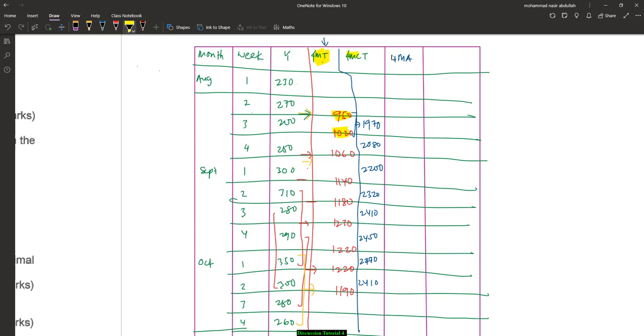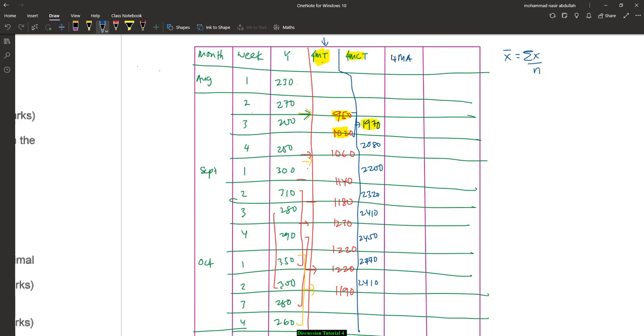So 4 plus 4 is 8. So this 1970 represents 8 numbers, an 8-number series. So for moving average, remember the formula for average is summation of x divided by n.